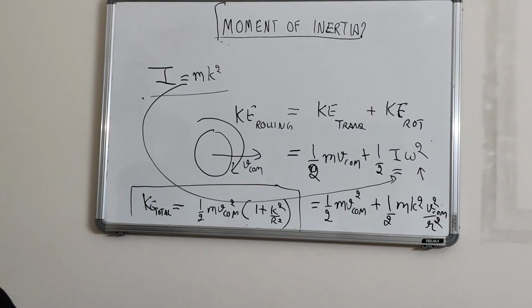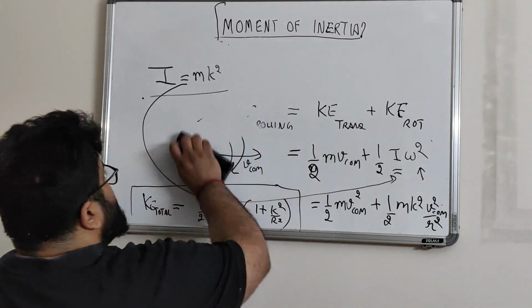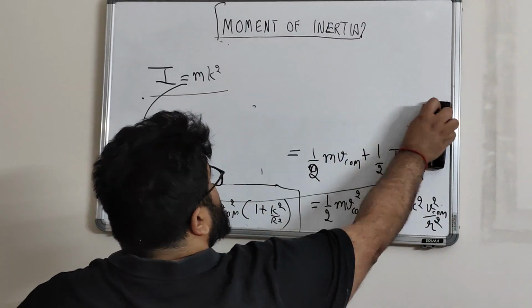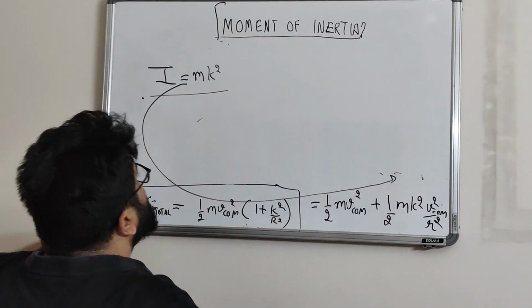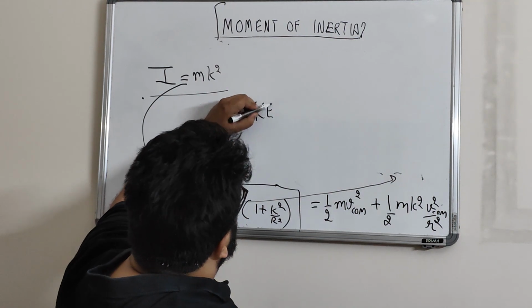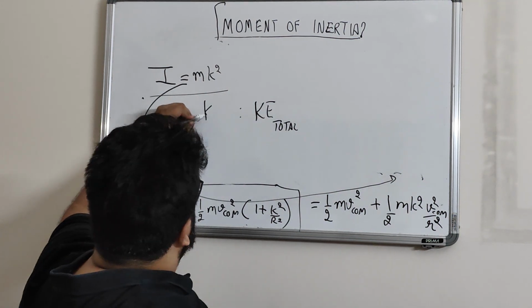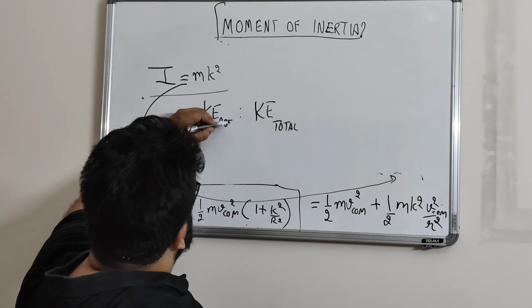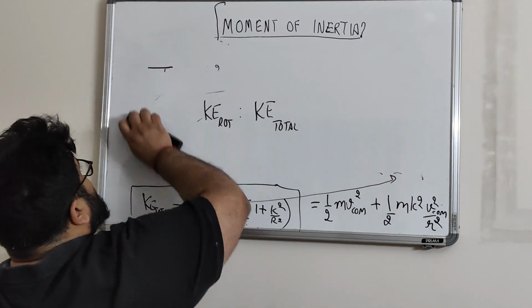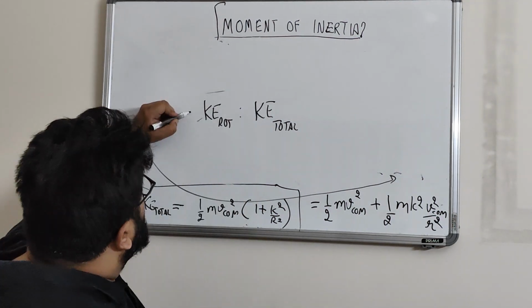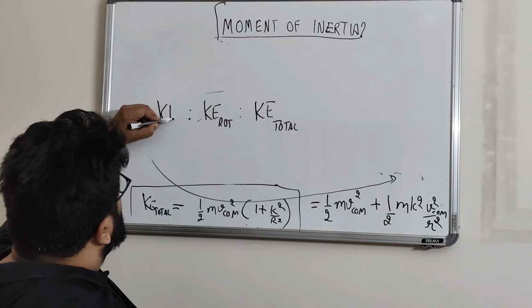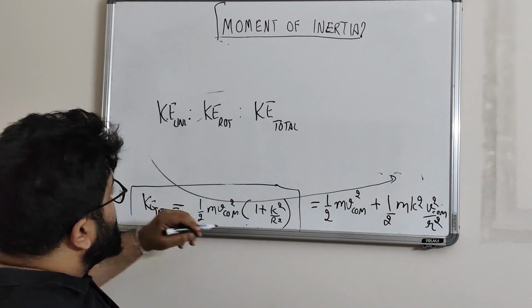Now we can note this down. Now the ratio of KE total, when compared to rotational and to linear, you can get from this.